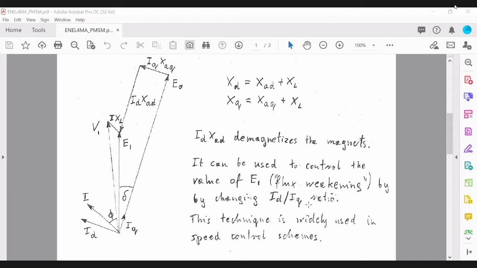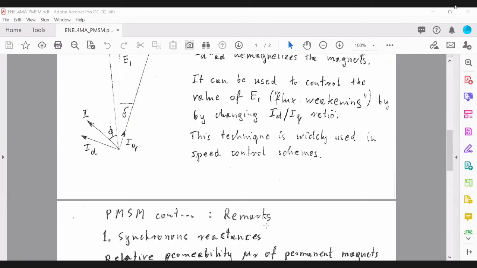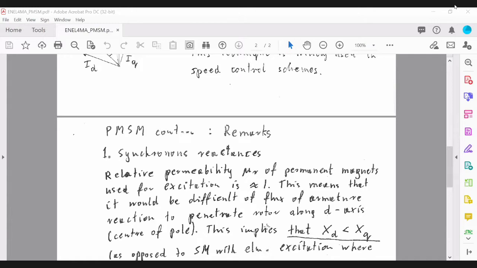So this is a way, because now with the permanent magnets we cannot control the field, we can use the effect of that demagnetization to add some control in the field circuits, such that we can adjust the value of the terminal voltage. And this technique is widely used for speed control for permanent magnet synchronous motors.